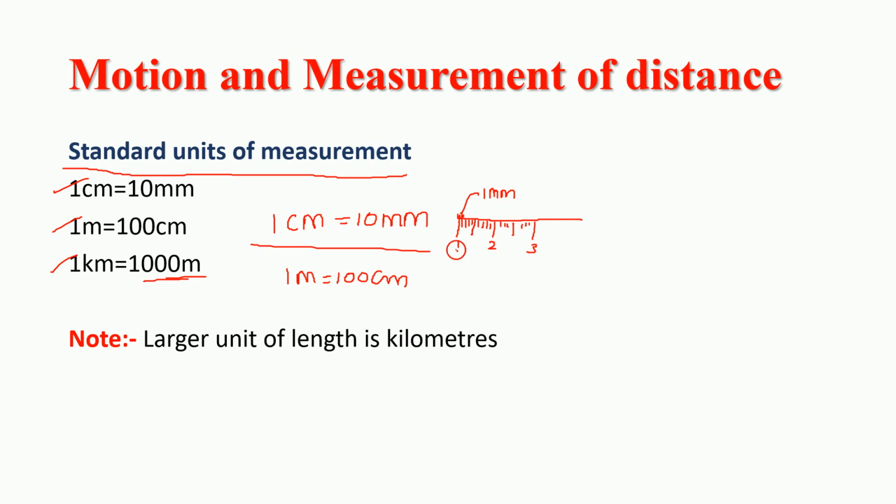From 1 to 2 it will be 1 centimeter. So 1 centimeter, here we will have 10 lines, so 1 centimeter equals 10 millimeters. After that we have 1 meter equals 100 centimeters and 1 kilometer equals 1000 meters.